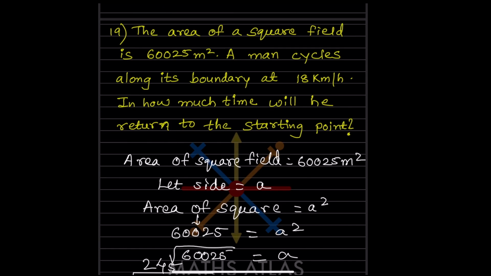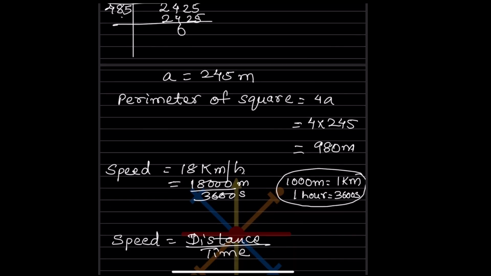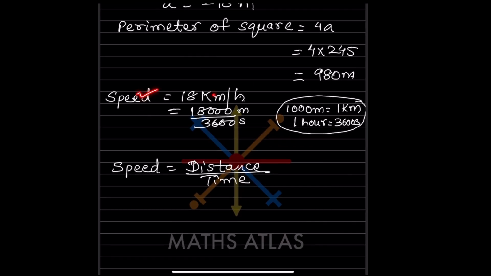Now the speed is given, because now see here, this is meter square, and the speed is given in kilometer per hour. So what we have to do, we have to convert this one. So now speed is given as kilometer per hour. So here we have to make it to meter per second. So whenever we take meter, this hour also should be converted to seconds. So now you know 1000 meter, that is 1 kilometer.